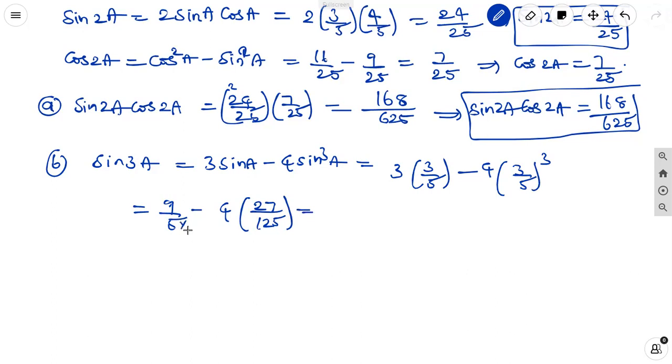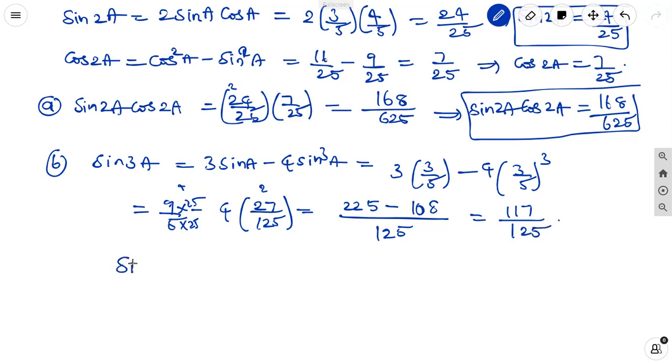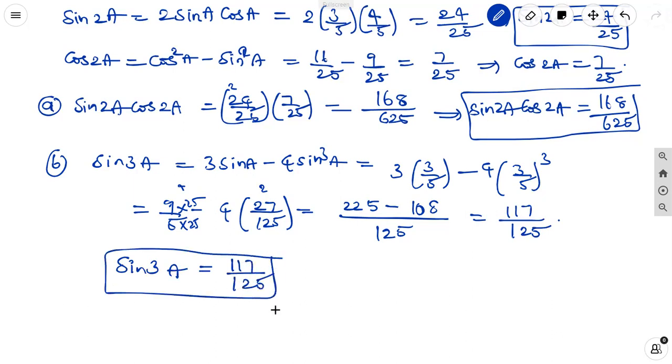Taking the LCM, 125 is the LCM. 9 5s are 45, 45 times 25 is 1125 minus 108 equal to 117 by 125. Therefore, sin 3A equal to 117 by 125. It is the solution.